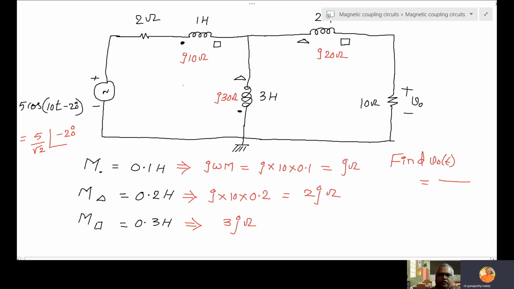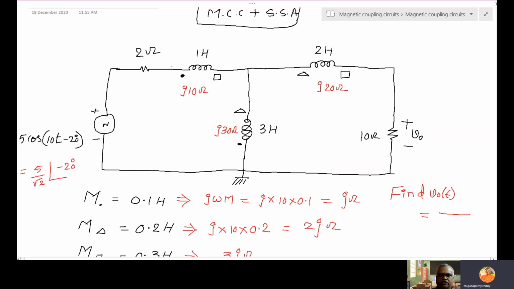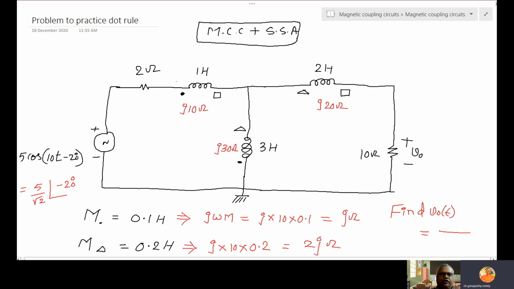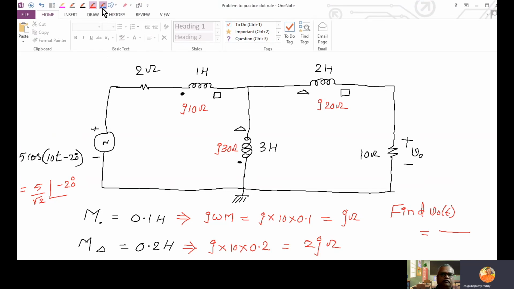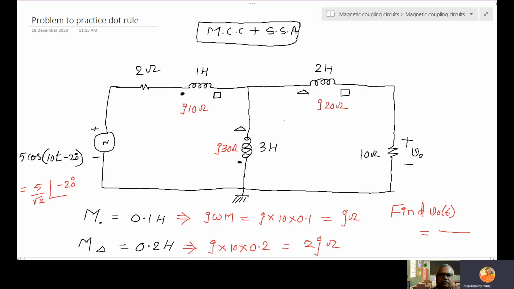To answer this, we can use mesh or nodal analysis. But before we write mesh or nodal, we have to find the mutual induced EMFs. Assume this current is I1 and this current is I2. This current is obviously I1 minus I2.